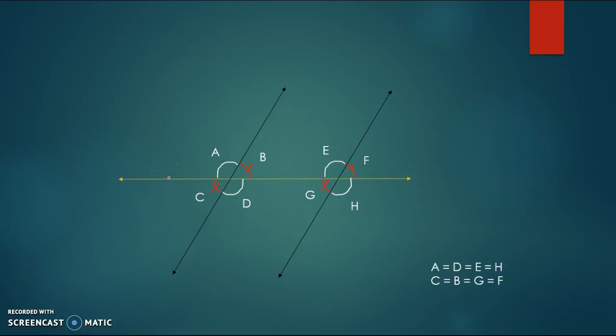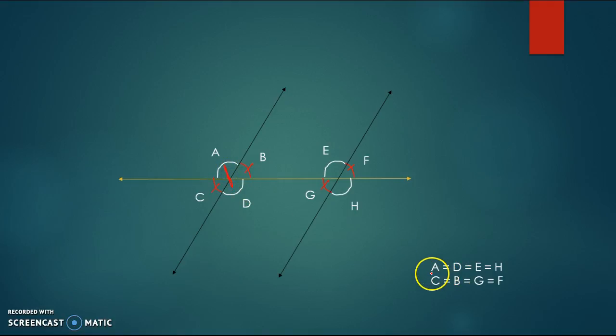Now, to get a little bit more in depth with these angles, I named each angle: angle A, angle B, C, D, etc. With vertical angles, angle A is vertical to angle D, meaning they are the exact same. They are equal to each other.